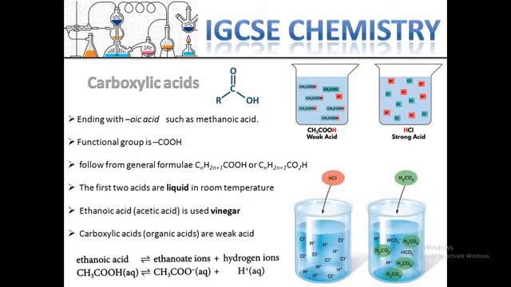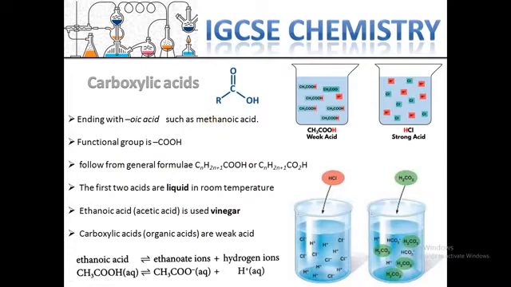Each carboxylic acid ends with -oic acid, like methanoic acid, ethanoic acid, or propanoic acid. The first part is the same as the alkane.